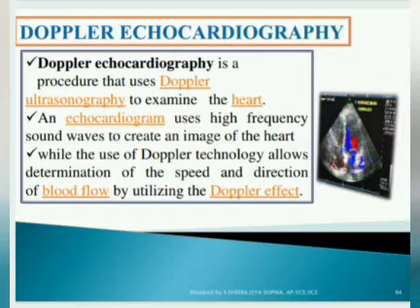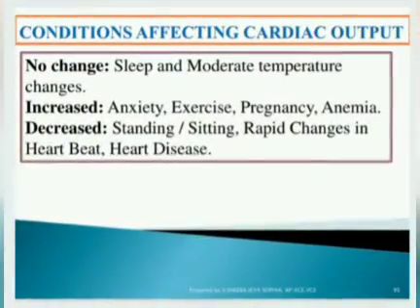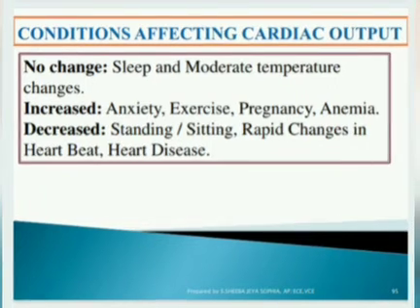An echocardiogram uses high-frequency sound waves to create an image of the heart, while the use of Doppler technology allows the determination of speed and direction of blood flow by utilizing the Doppler effect. It results in increased as well as decreased rates, that is rapid changes in heartbeat.